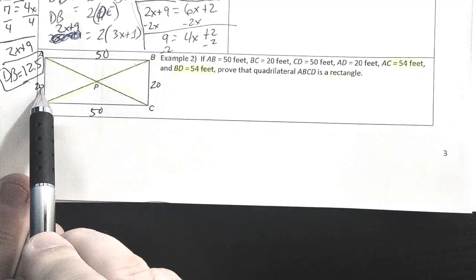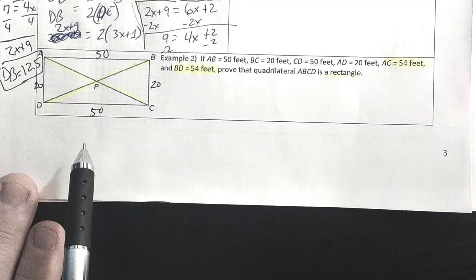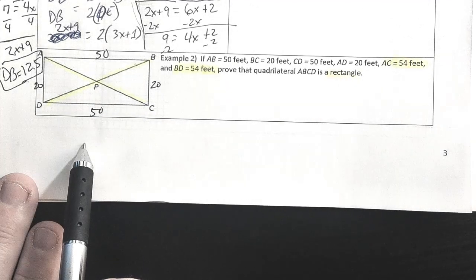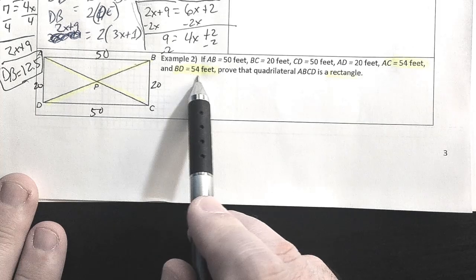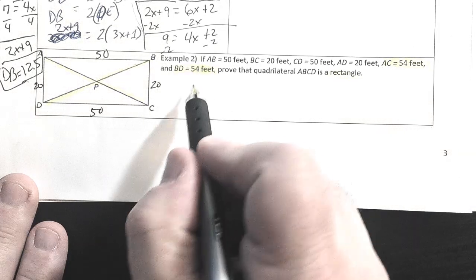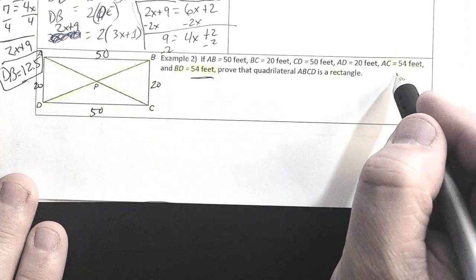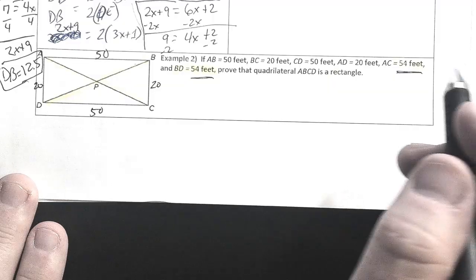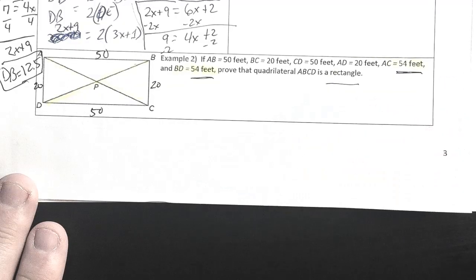So you have opposite sides that are congruent. So that makes it a parallelogram. The difference we learned up above was that if the diagonals are congruent, that makes it a rectangle.